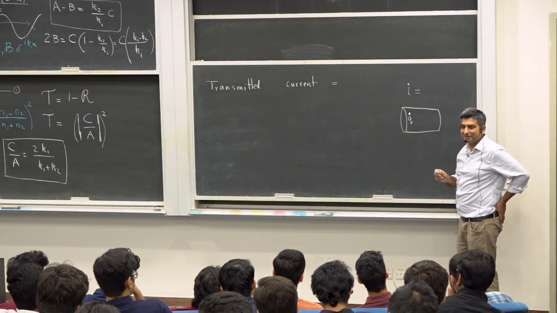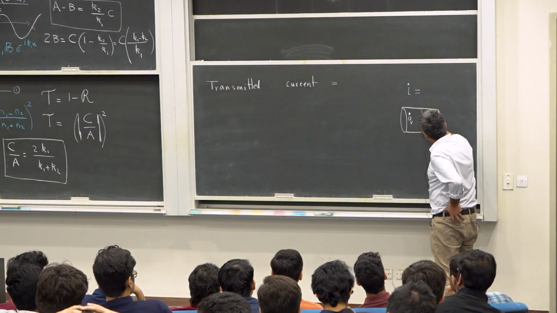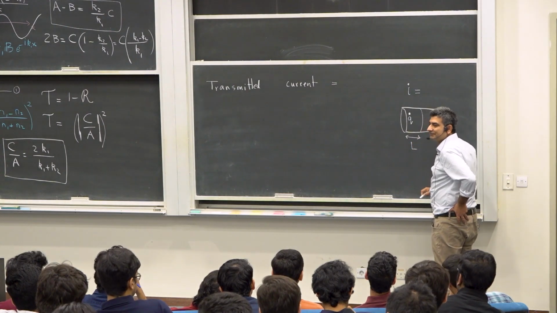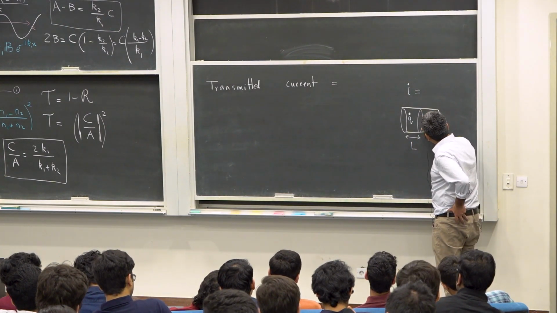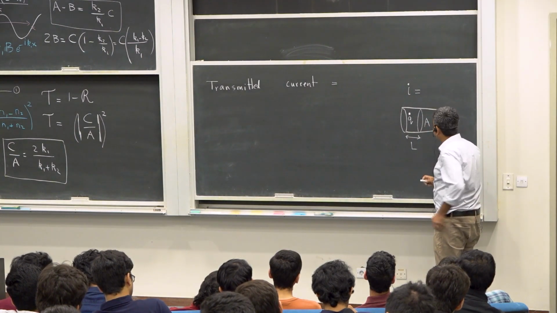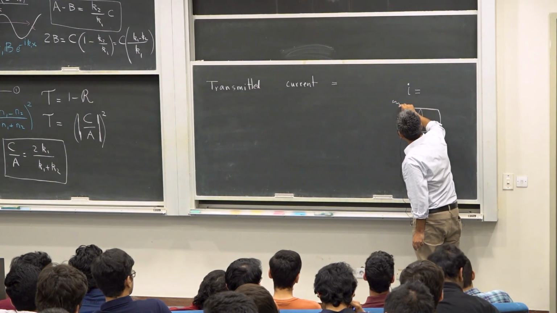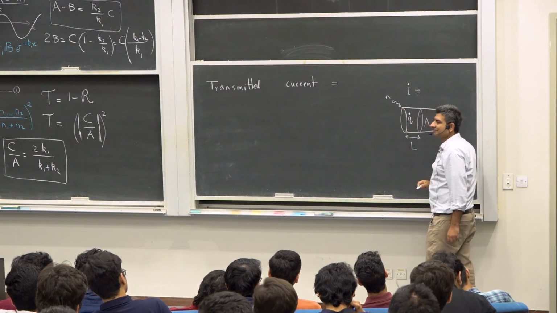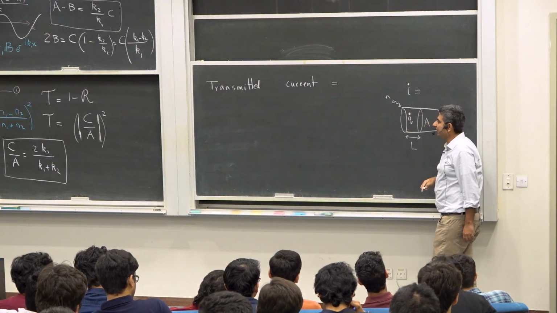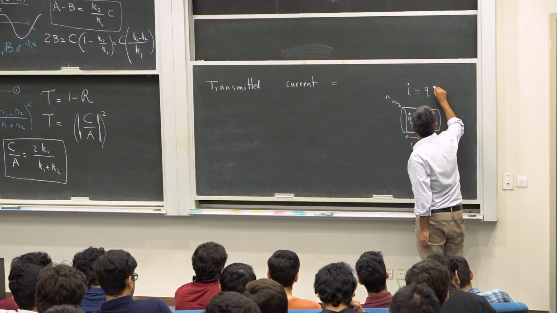Now if this distance is L, and this cross-sectional area is A, then this volume is A times L, and if I have n charges in this volume, the total charge is Q times n.